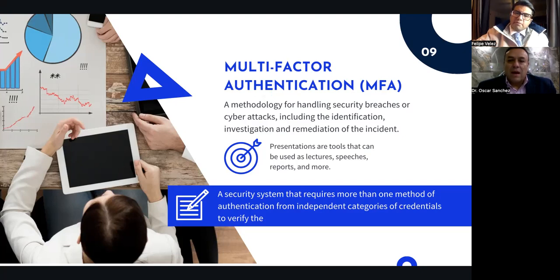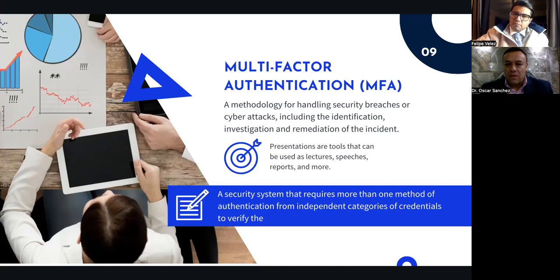All right, continue. A methodology for handling security breaches or cyber attack, including the identification, investigation, and remediation of the incident. Right. Very good. Again. Multi-factor authentication, MFA.